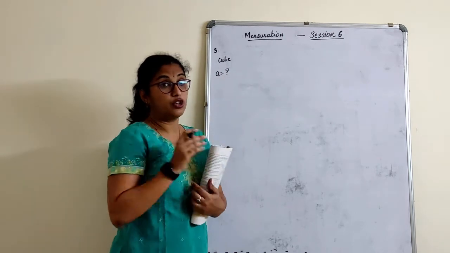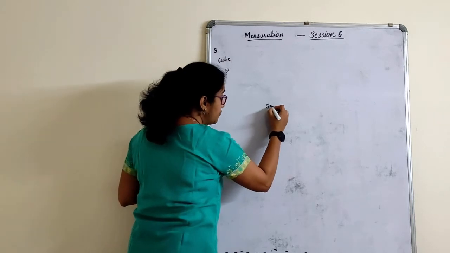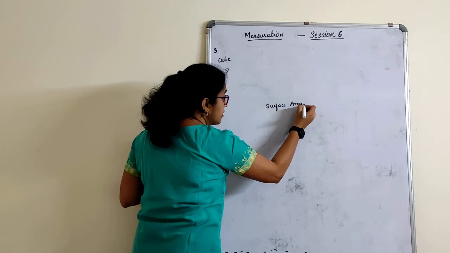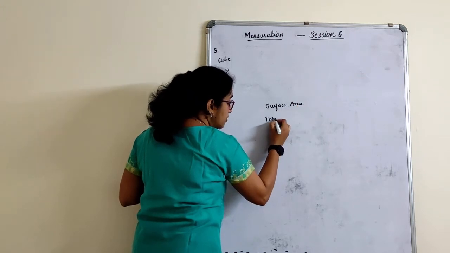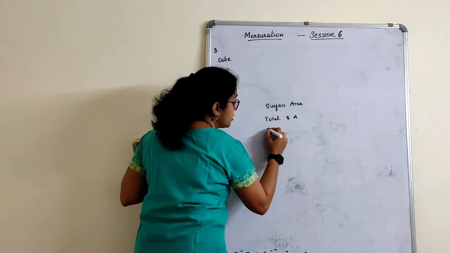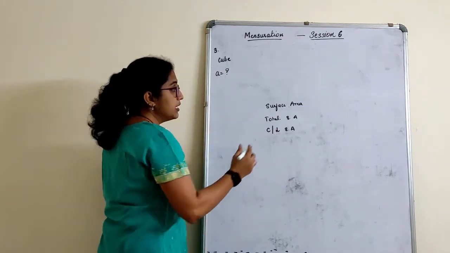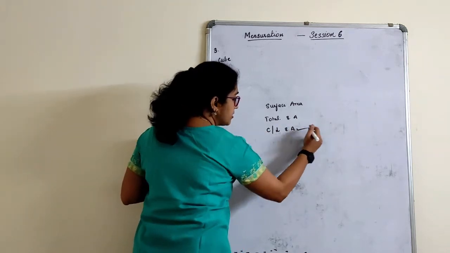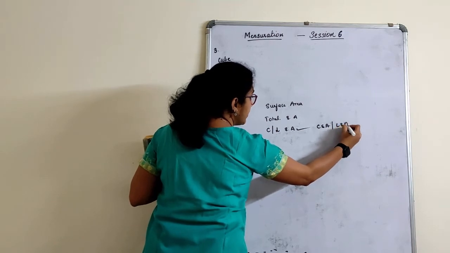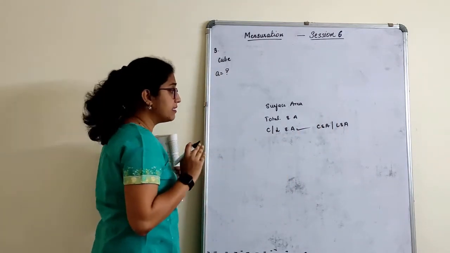Now children, one thing you have to understand. In the question, if the question is asked for surface area, total surface area, or curved or lateral surface area. Now we know that if it is curved surface area or lateral surface area, it is either CSA or LSA. We have to find it of the given solid, anything, cube, cuboid or a cylinder I am talking.